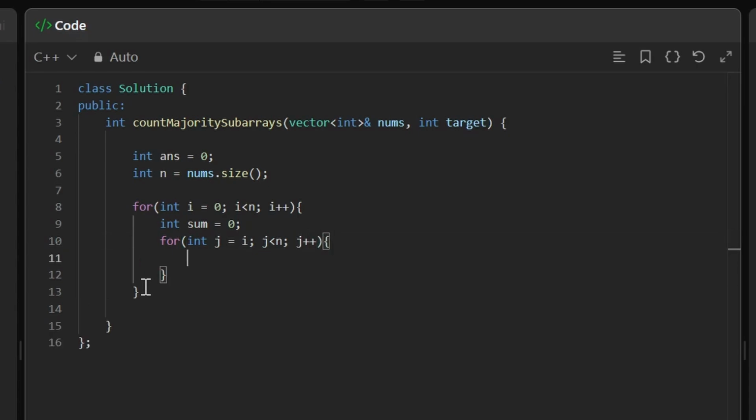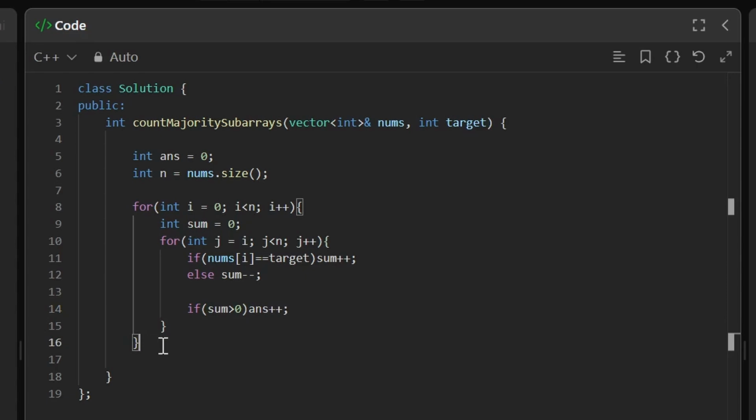Now, if nums of i equal to target, we are going to increase sum by 1, else decrease sum by 1, and at any moment if sum is greater than 0, we are going to do answer plus plus. And last, we simply have to return the answer.